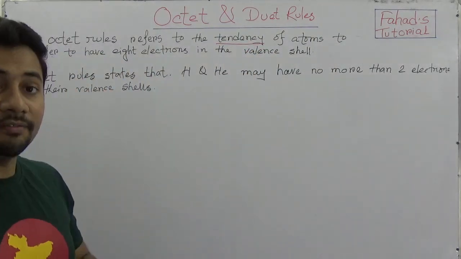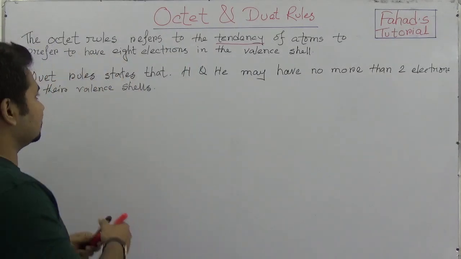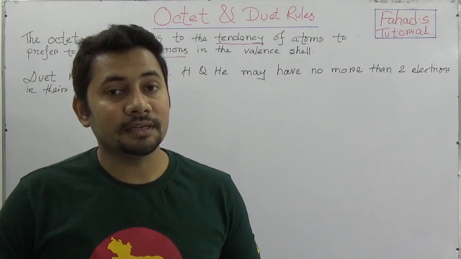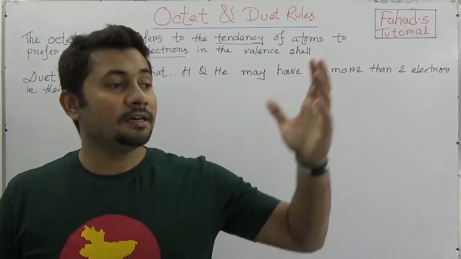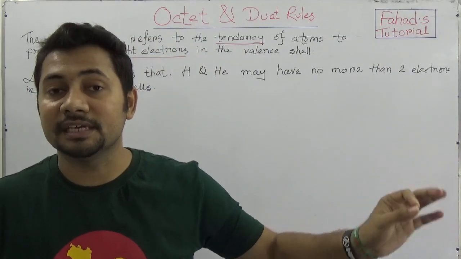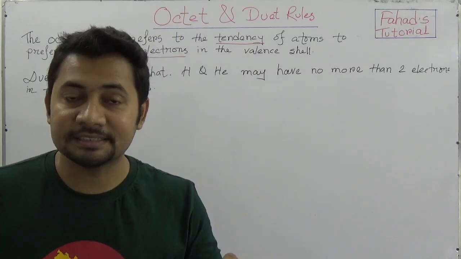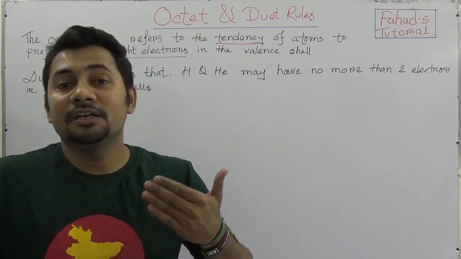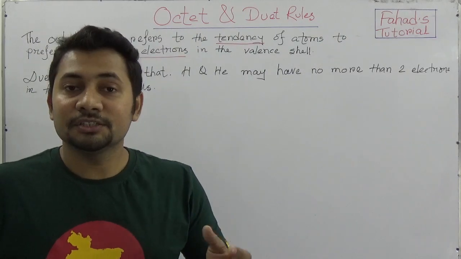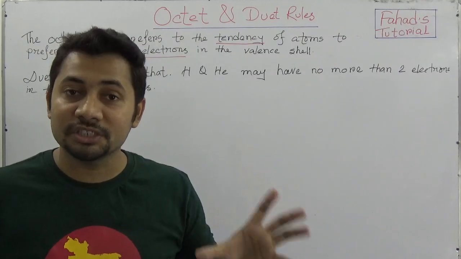The tendency of atoms is to prefer to have 8 electrons. The most stable electron configurations are found in group 18 elements like helium, neon, argon, krypton, xenon and radon. Those are called inert gases because they do not show the tendency to form molecules or bonds, since they have 8 electrons in their outermost shell.